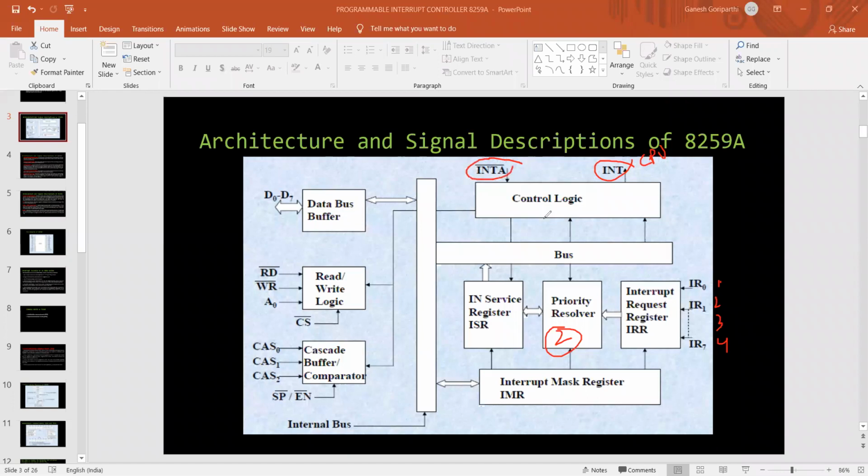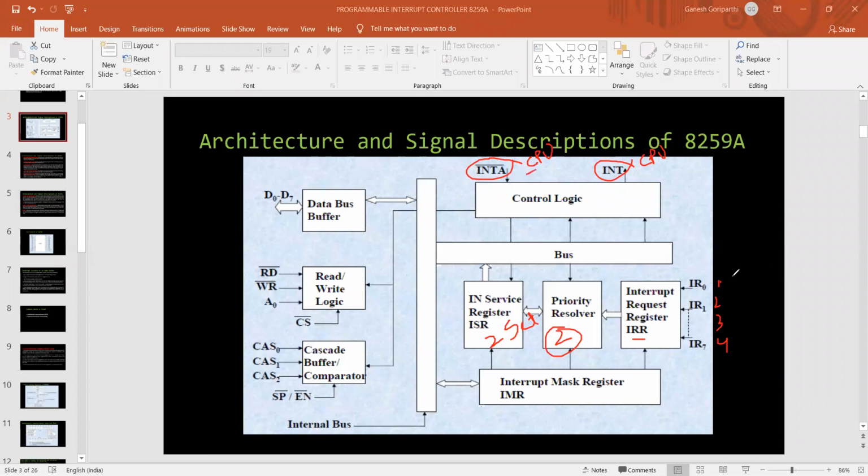After this, this second interrupt request of the IRR, here in the ISR, this second bit is made set. That means the second interrupt request is being served by the CPU.